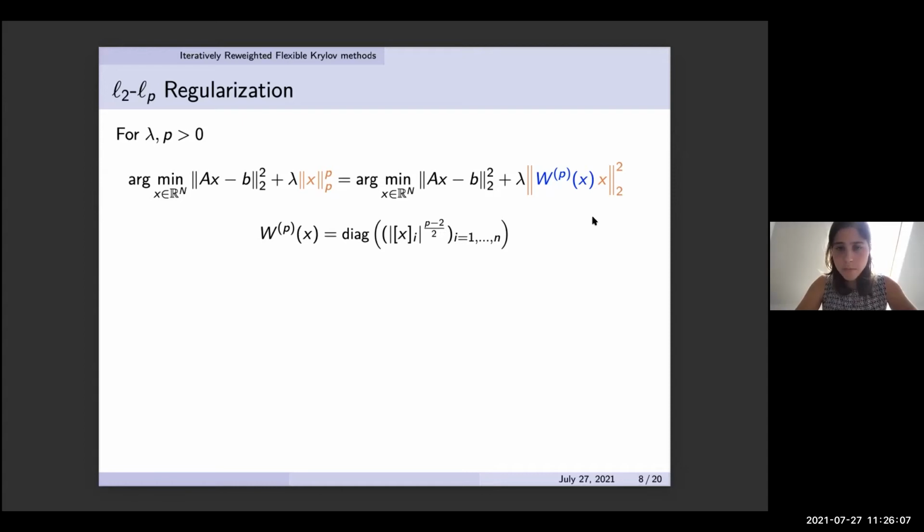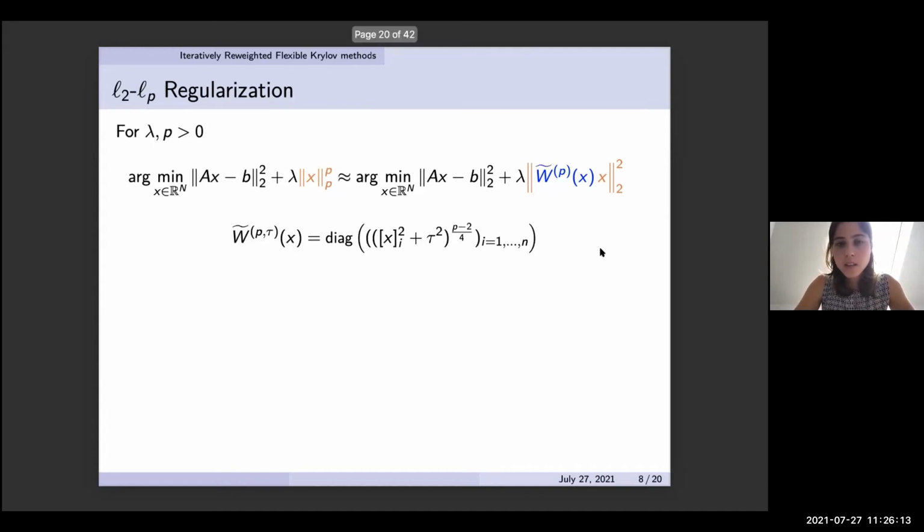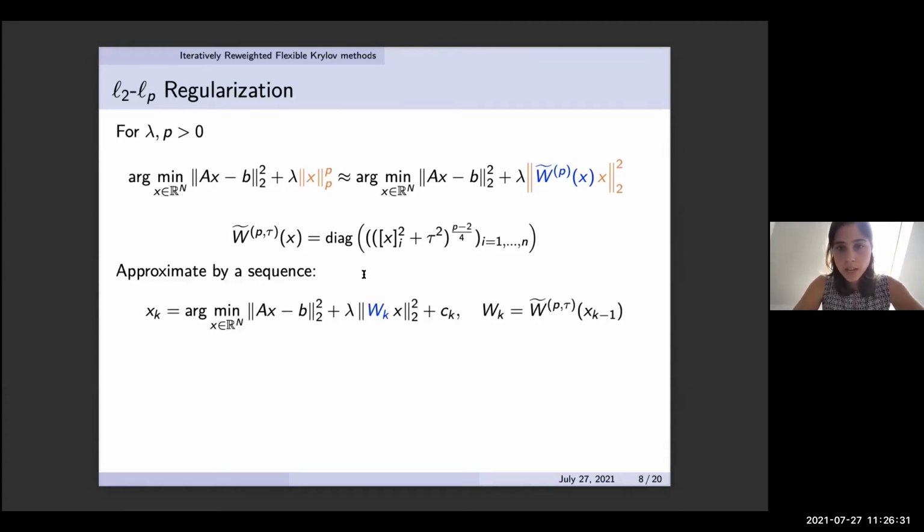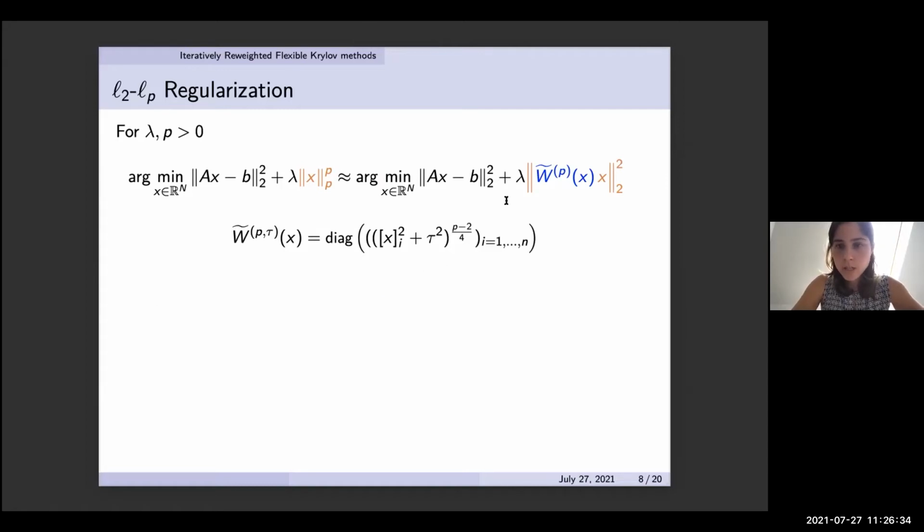If we look at it from the continuous setting, which might be beneficial for convergence analysis, we might want to smooth this out. You can think about this modification of the weight as adding a threshold so we don't divide by 0, or making the whole functional smooth around 0. And then once I have this, I still don't have my Tikhonov problem.